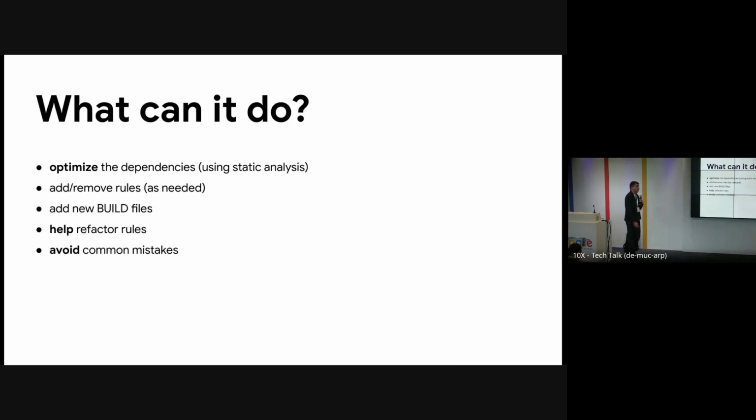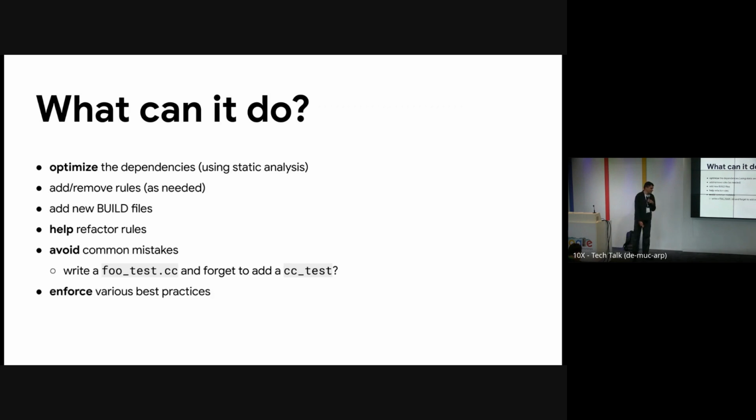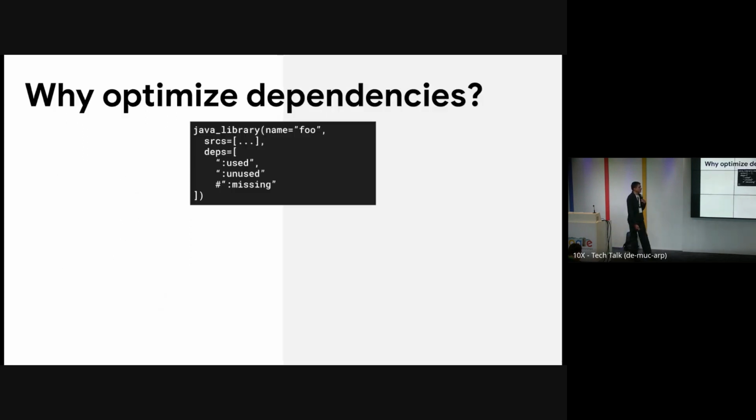It can help avoid common mistakes. For example, how often do people write a foo_test.cc and, hey, I've written my test, all good, but oops, I forgot to add a cc_test, so the test was never run. It can also help enforce various best practices. Like, do you have too many sources in your rule? Or do you have too many rules for a given source? These are all problems in their own way, and the tool can help you identify these things.